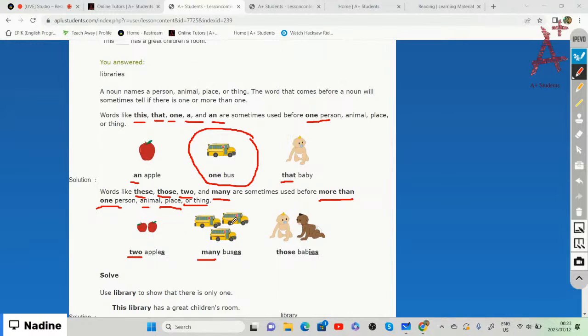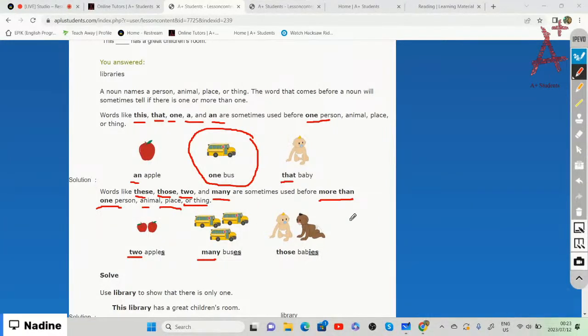If we were to count the buses, we can count that there are three buses. But instead of saying three buses, the number of buses you see, you can say many buses, or refer to those buses standing over there, or talk about these buses that we see over here.